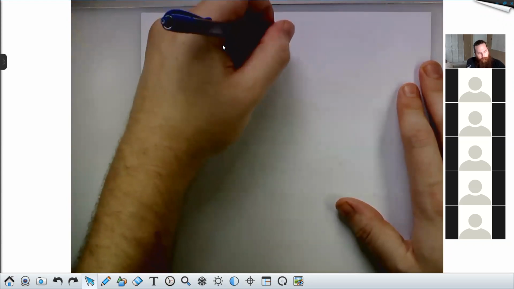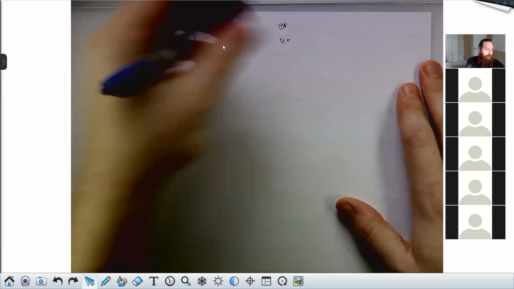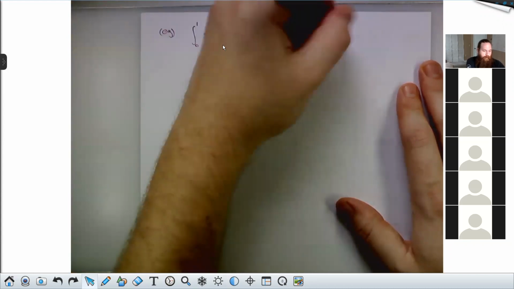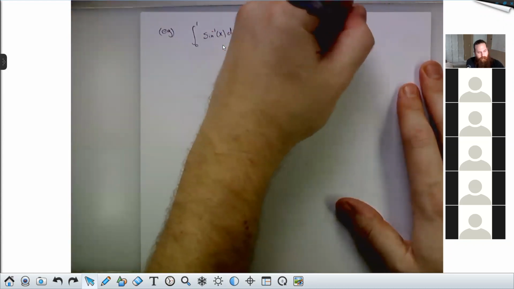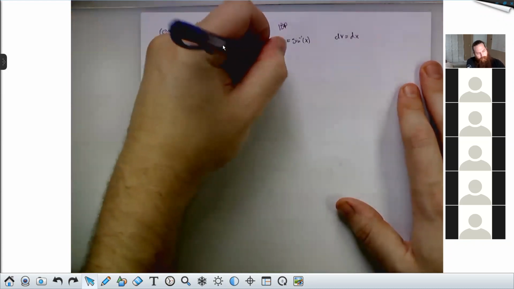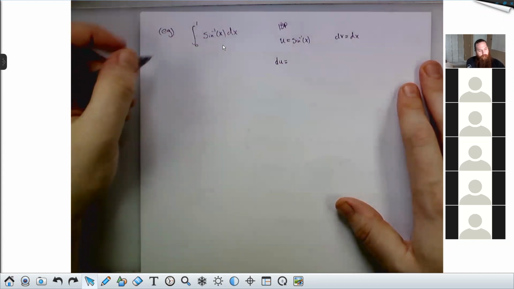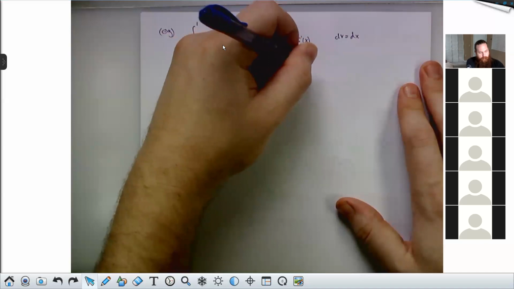And according to the LIPET rule, I should pick u. Well, I don't have any logarithms. I do have an inverse function though, so I should pick u to be my inverse function and dv to be everything else. Everything else here is just dx. du, the derivative of the inverse sine function, is 1 over the square root of 1 minus x squared.